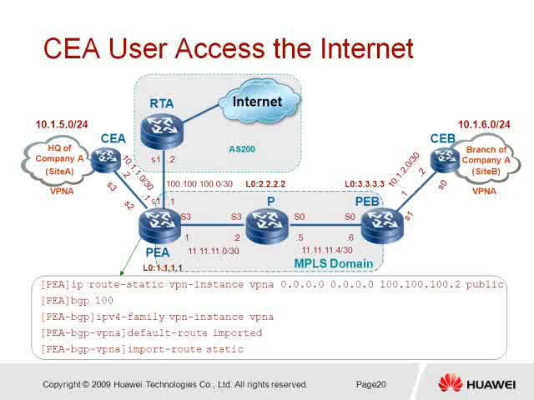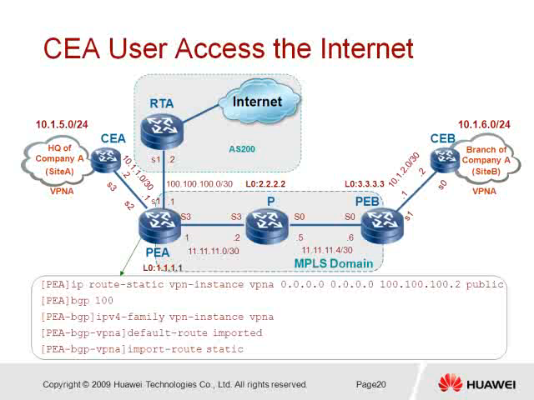In the IPv4 family VPN instance VPNA view, the commands default-route imported and import-route static are used to import the default route just configured into BGP, run in the VPN instance VPNA, and distribute it to CEA through eBGP.